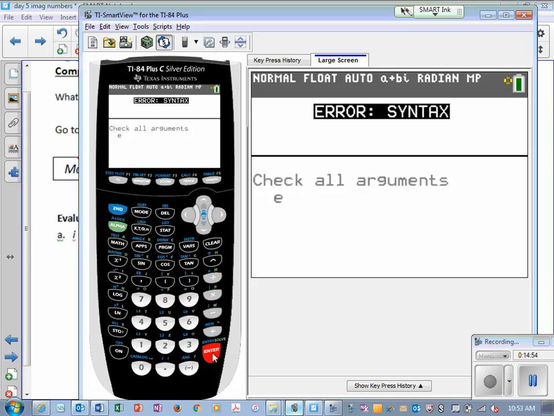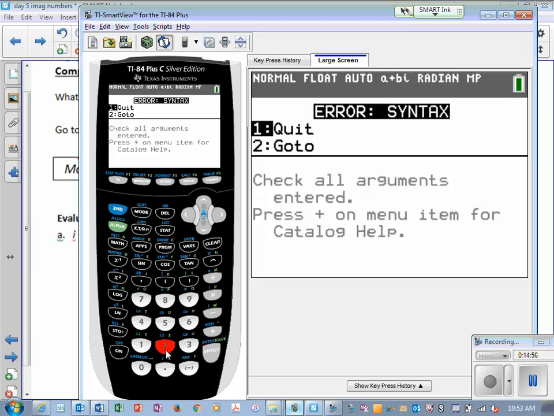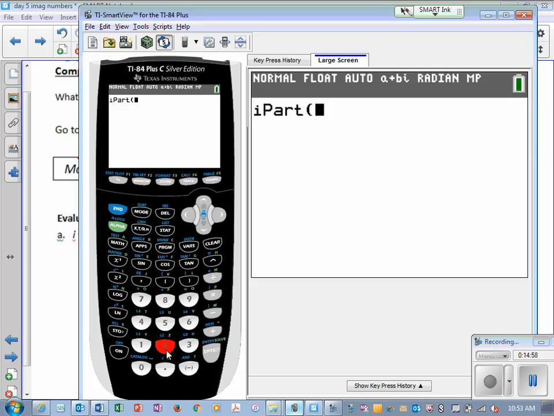Now, I'm going to go to i, which is second decimal, right? And then how do you do exponent? This caret above the divide, right? And then put 38. And then close your parentheses.